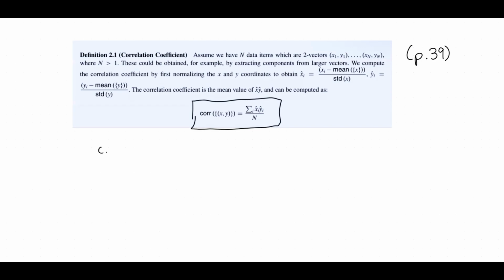So we have the correlation coefficient of x comma y is going to be equal to the sum over all i of x sub i hat, y sub i hat, all over n, and since we know that multiplication is commutative, so x sub i hat times y sub i hat is the same as y sub i hat times x sub i hat, we can say that this is exactly equal to the following.